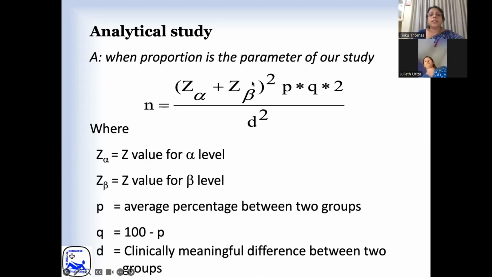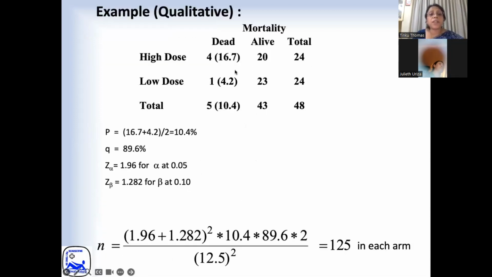Then this is the overall prevalence, and D, the denominator here, is the expected difference between the two groups, or the clinically meaningful difference between the two groups. So with respect to our example, the overall mortality between the two groups is an average of 16.7 and 4.2, which is 10.4.